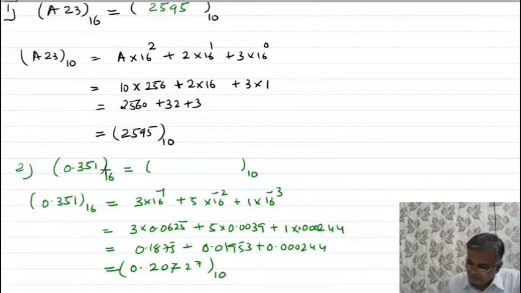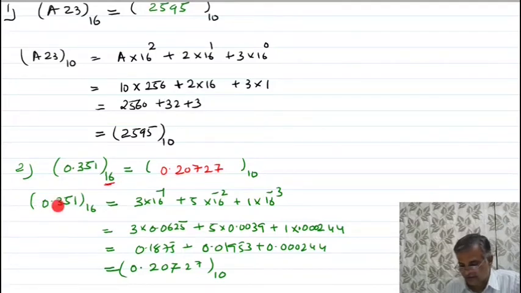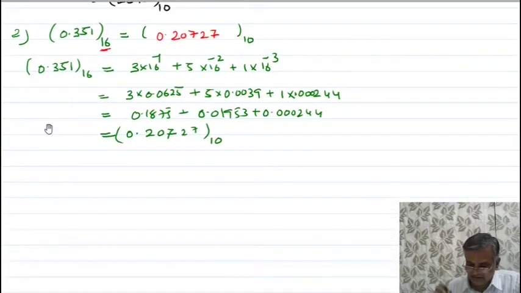So for this hexadecimal number, the corresponding decimal number is 0.20727. What I did was multiply each digit with its weight. The weights after the point are 16 raised to minus 1, 16 raised to minus 2, 16 raised to minus 3. So you can easily get this answer.